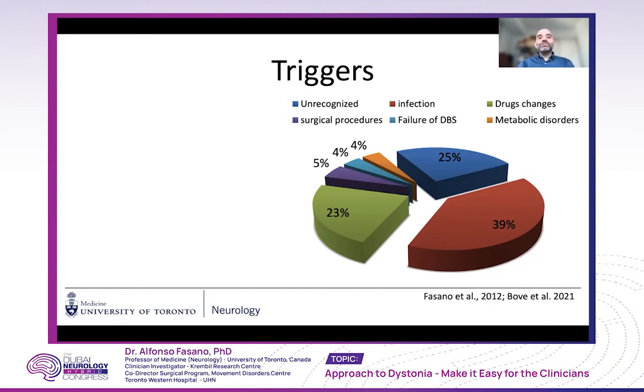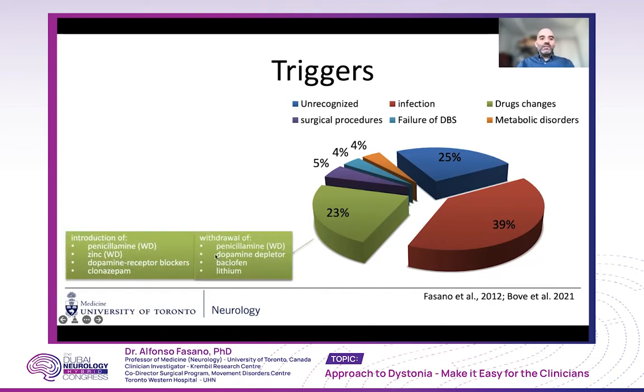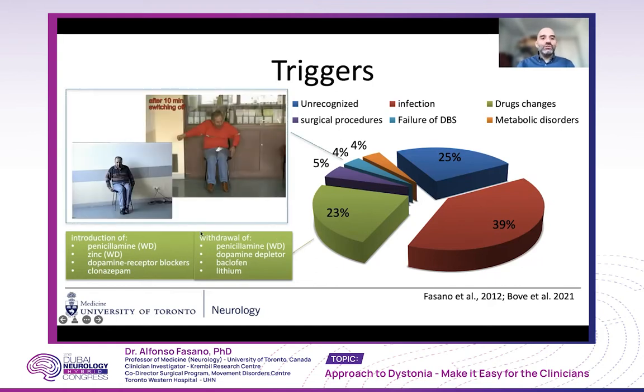And status dystonicus has particular triggers, as you see in this pie chart on a paper that we wrote a while ago. Infection is a big one, especially with high fever, but also metabolic problems, drug changes. In this case, either the introduction of certain drugs or the withdrawal of certain other drugs. And this is particularly the case of Wilson's disease, but also sudden problems with the deep brain stimulation device, like you see in this man here.